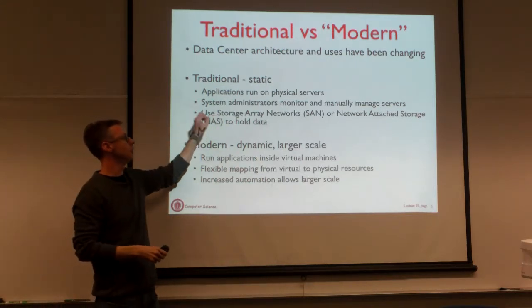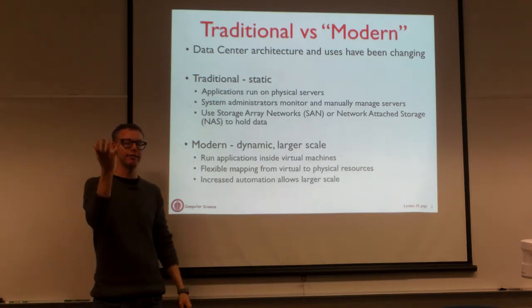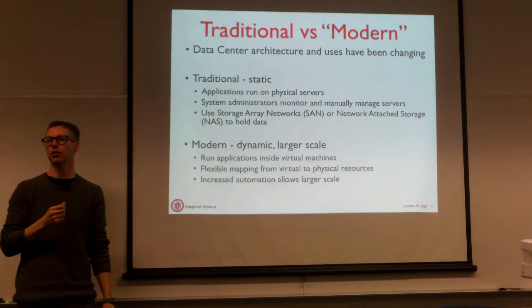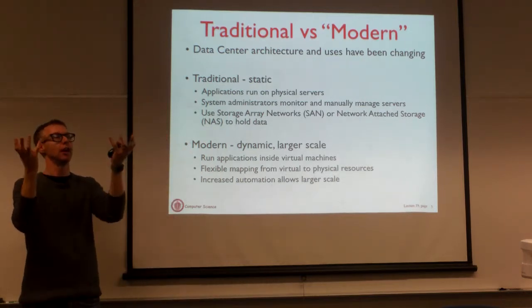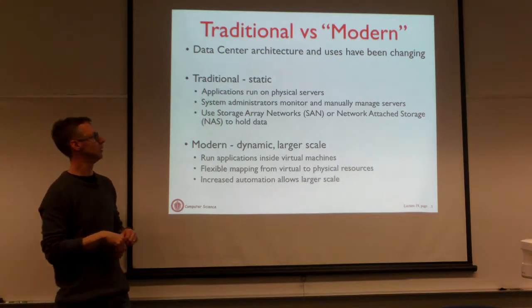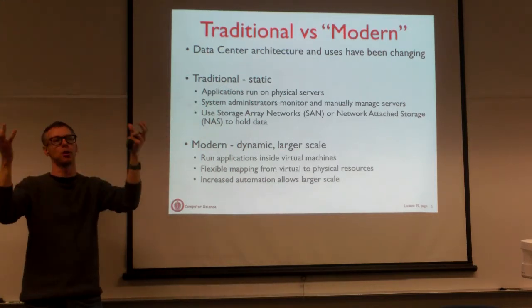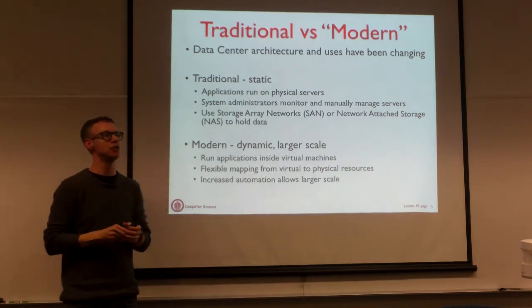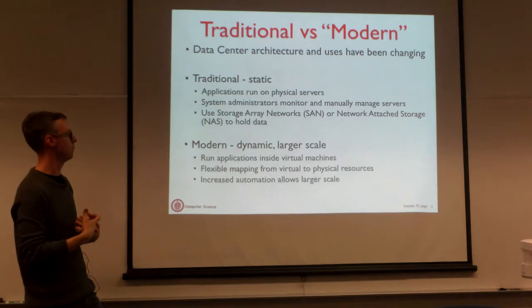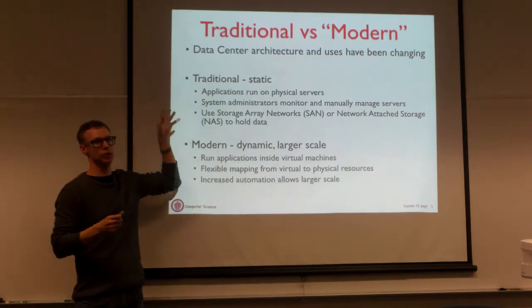Network attached storage is effectively a file system abstraction, right? So basically it's attaching a shared file system to all of these servers, right? From the purposes of an application, it looks kind of the same, right? There are implementation and performance differences between the two, though. Okay, so that's traditional data centers.